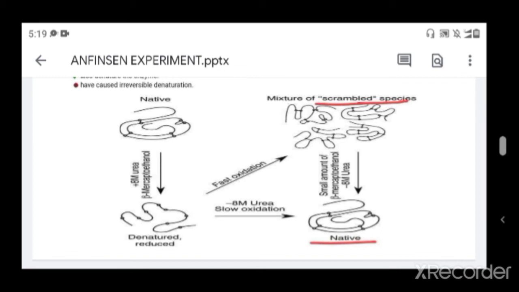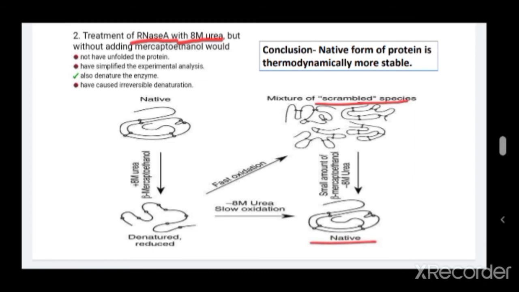So the enzyme is denatured into the tangled or scrambled form. The denaturation process is then reversed by removing the denaturing condition, like removing the urea or the mercaptoethanol, or by lowering the temperature. Then the ribonuclease falls back into its native state when the denaturing conditions are reversed. So the native form of protein is thermodynamically more stable.